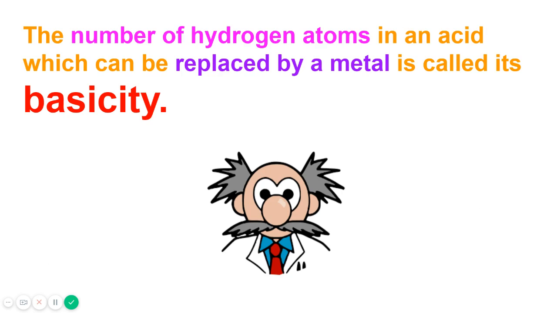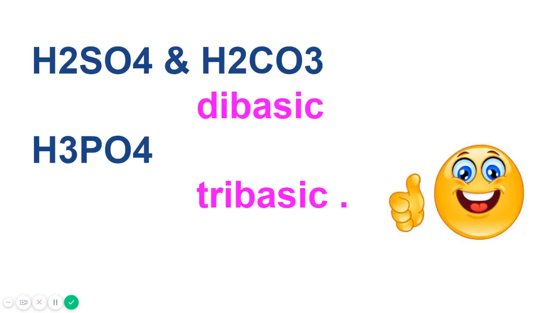Now students, the number of hydrogen atoms in an acid which can be replaced by a metal is called its basicity. It's a very important point. So the number of hydrogen atoms in an acid replaced by a metal is called its basicity. For example, sulfuric acid and carbonic acid are dibasic.